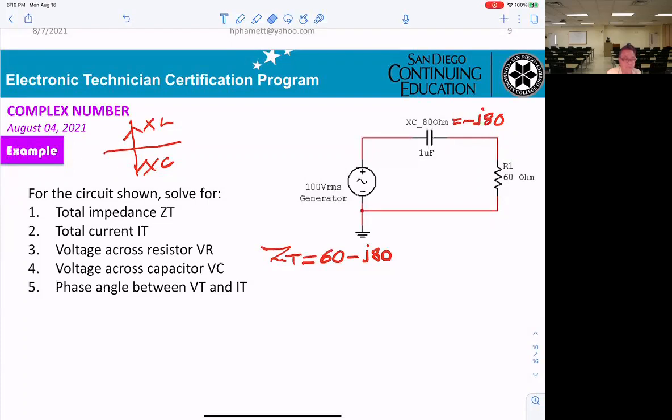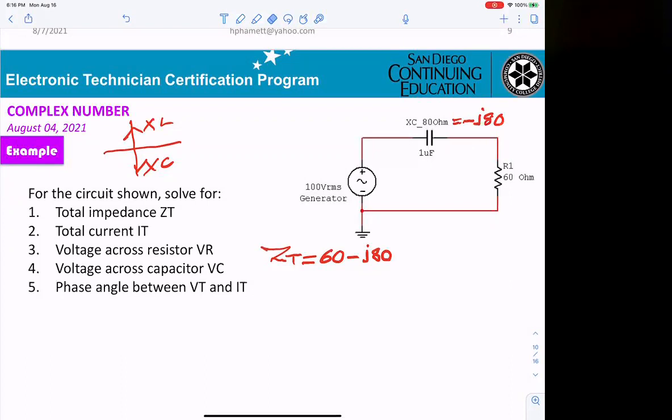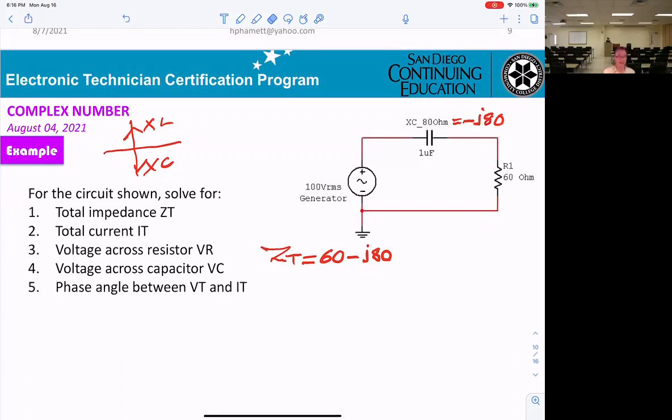However, make sure XC is changed to minus j, XL must be changed to plus j, before you add or subtract. Okay, so now you get 60 minus j80, and that's equal to the impedance. They're just not yet telling you the value.